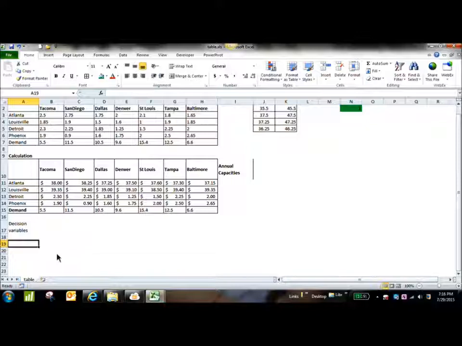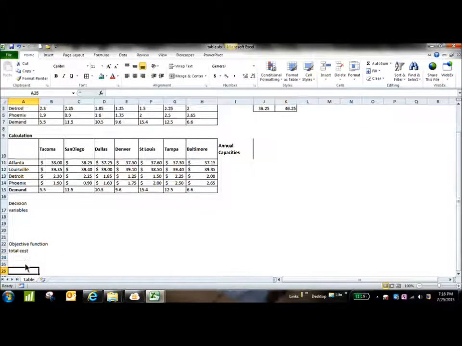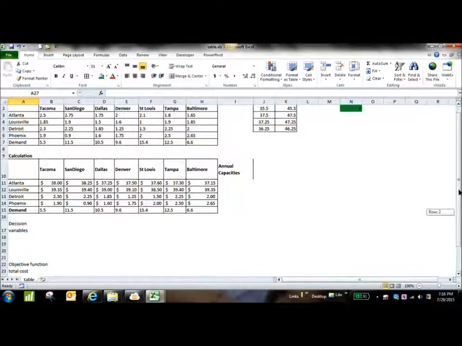And then you do the objective function, which is total cost, and that's pretty much all that goes under transportation, at least for now.